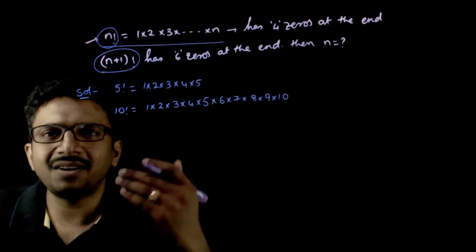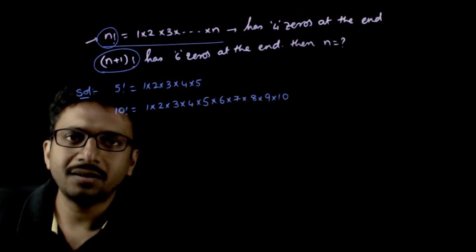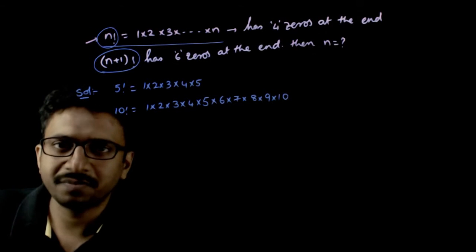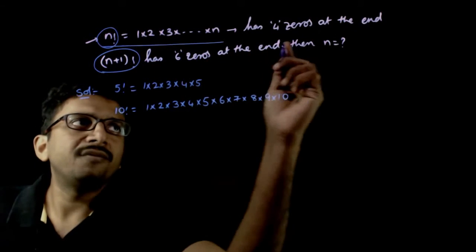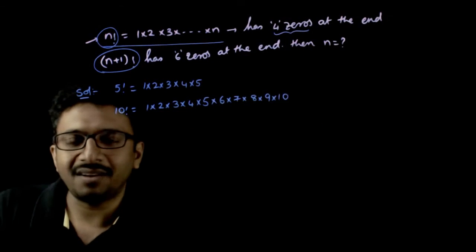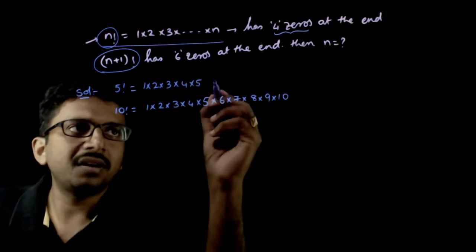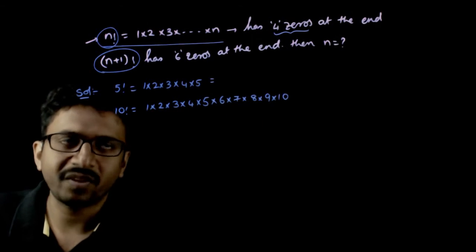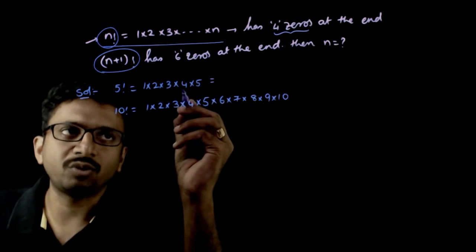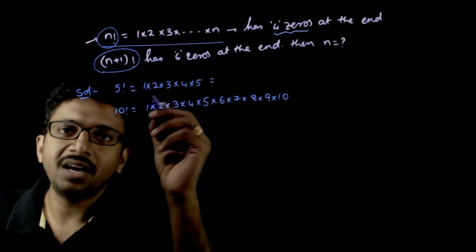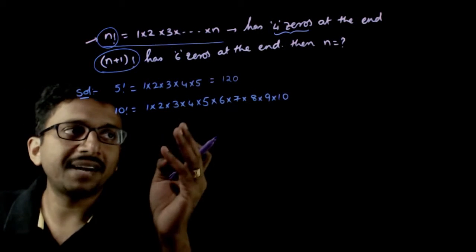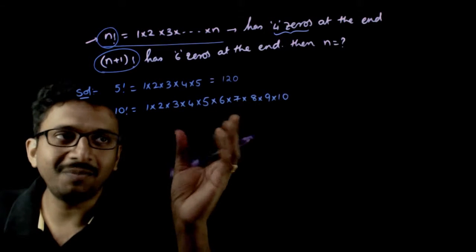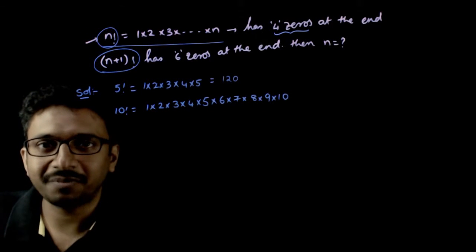So on, if you write different factorials, you get different products. And you're given that n factorial has 4 zeros at the end. Now if you multiply these numbers, 5 into 4, 20, into 3 is 60, into 2 is 120. Similarly, 10 factorial, it's not very easy to multiply, but if you multiply, you get some number.